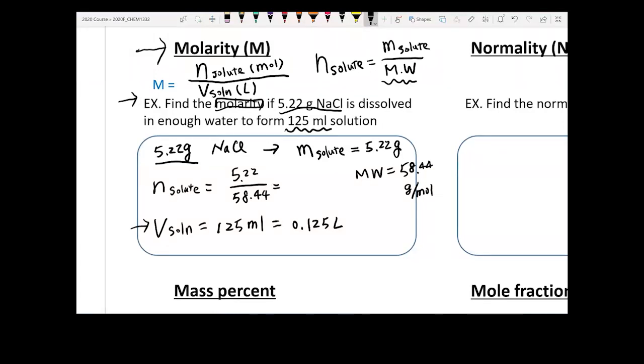That gives you the number of moles of your solute. From these two, you can calculate your molarity, which equals the number of moles of your solute divided by the volume of your solution. This will give you a number of 0.715 M.